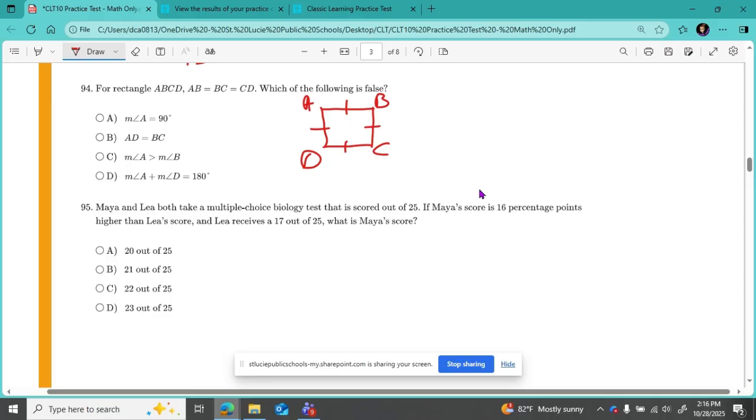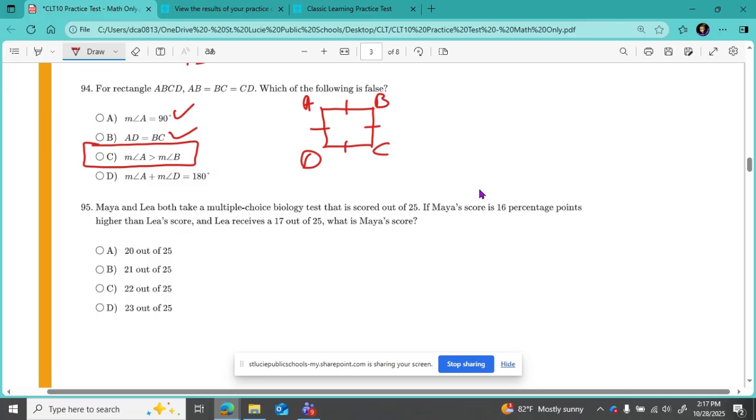The measure of all 4 angles would be 90 degrees. AD would equal BC. Measure of angle A would not be greater than measure of angle B because they would be equal. They would both be 90 degrees. That's false.